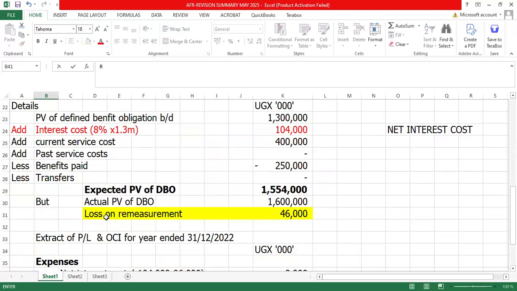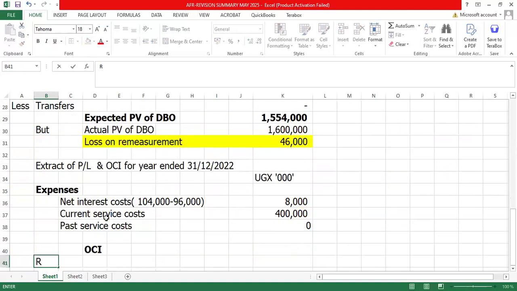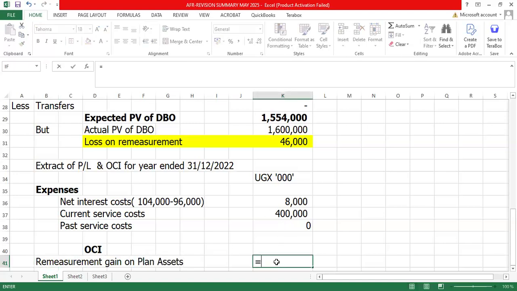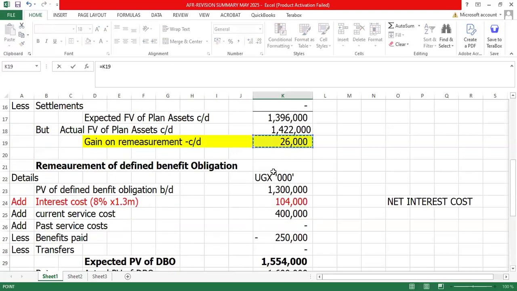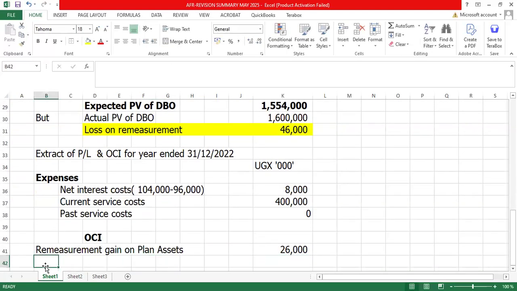Yes, you have a gain. Remeasurement, you can say remeasurement gain on the plan asset. And that is how much? It's 26.